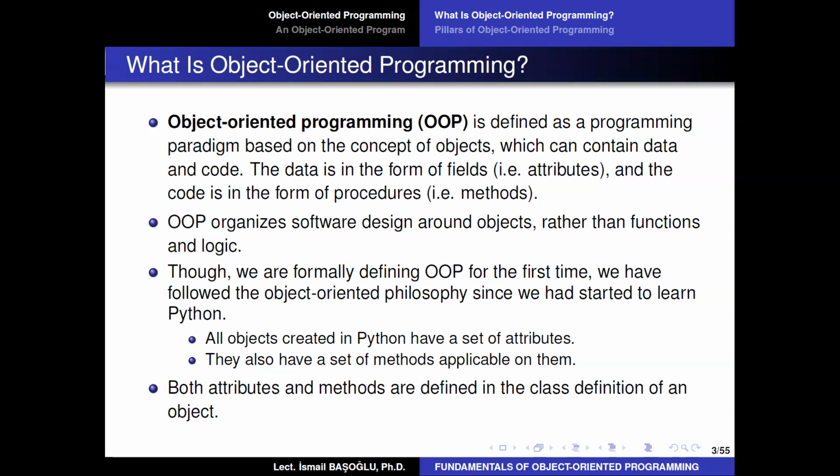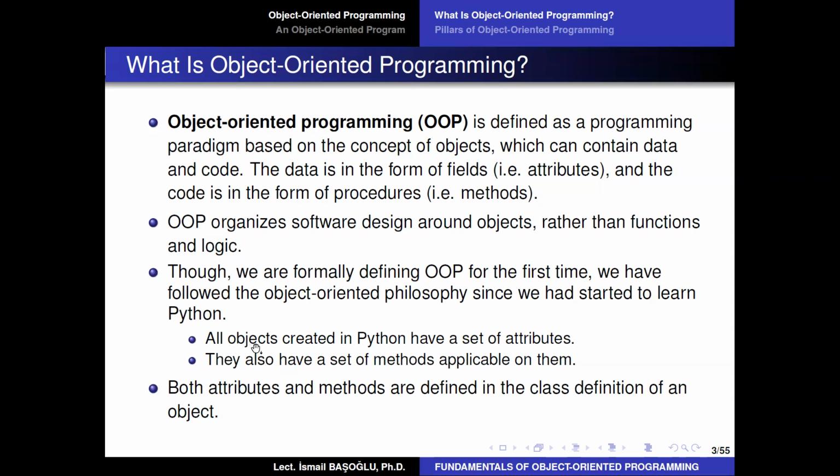Now, in object-oriented programming, the organization of the software design is around the objects themselves rather than functions and logic. So we have objects, and around objects we evolve the program itself. This is the first time that we are defining object-oriented programming. However, we have already followed this philosophy since we started learning Python.